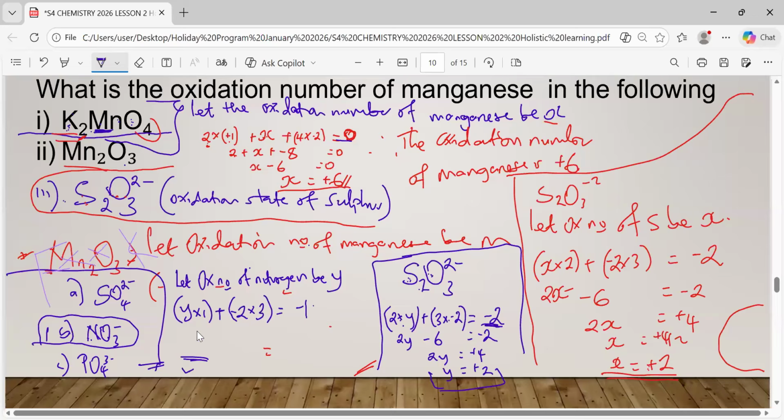So this becomes Y times 1, which is Y, minus 2 times 3, which is 6, equals -1. So Y will become -1 plus 6, and finally Y will be +5. Have you seen where the +5 is coming from? Okay, so that's how we have managed to do this one for part B.